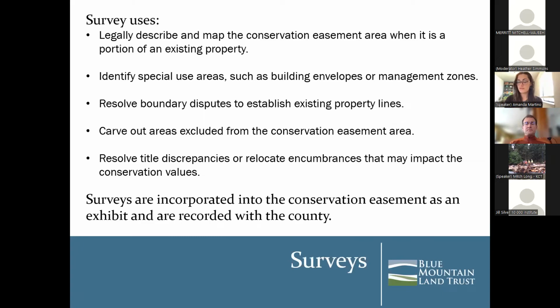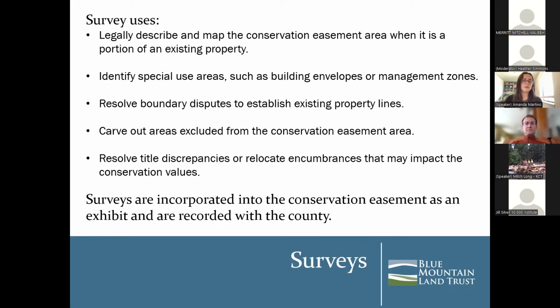We want to make sure that in the future there are no questions or concerns about where the easement boundaries actually are. So getting a survey is really important. If there is a building envelope or an area in which the landowner has reserved the right to build something in the future or maintain a current building, we would like to have that surveyed to ensure that any future development happens within its permitted area.